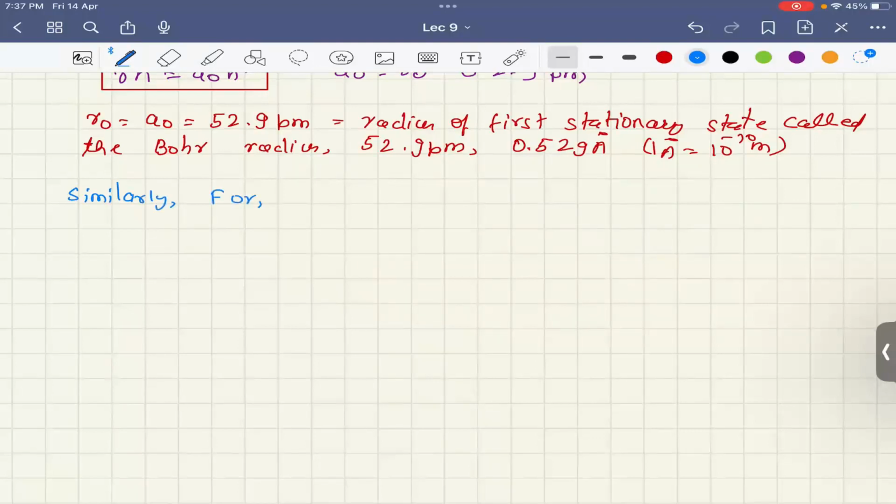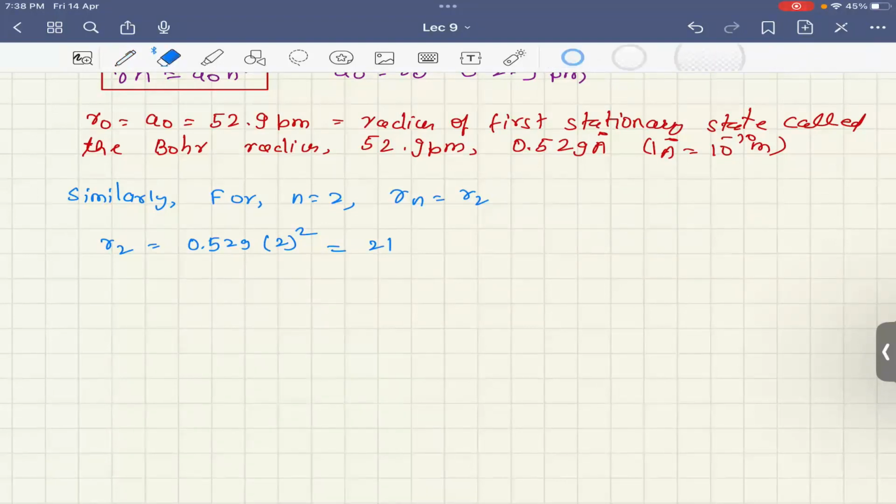Similarly, for n equal to 2, Rn is R2, and R2 is 0.529 into 2 square, or 52.9 into 4, which corresponds to 211.6 picometer, right?